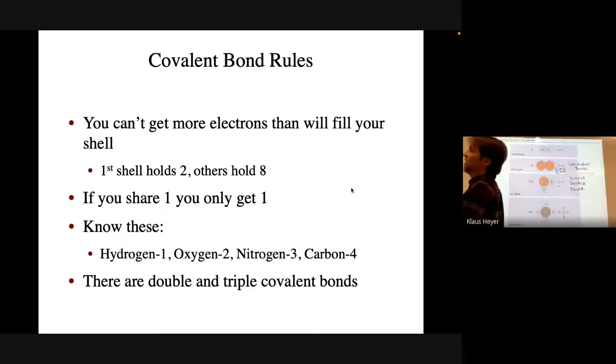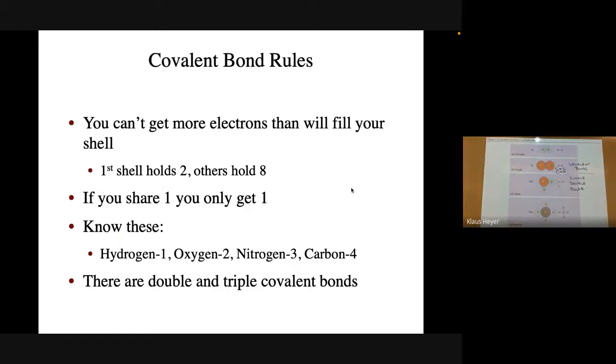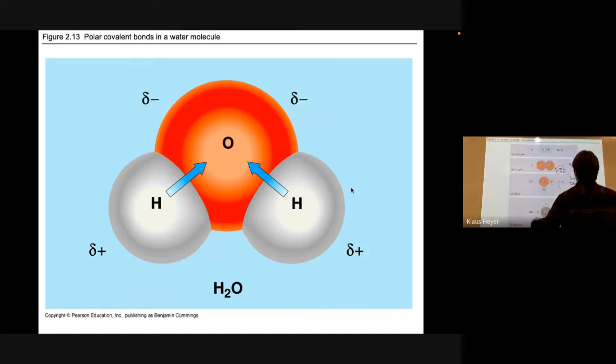So there's 2 things you have to know with each of these atoms. 1, the atomic number. So you got to know the atomic number of carbon, 6. But you got to know how many bonds can carbon make? Like how many different atoms can it grab onto? 4. All right, yeah. The next slide is going to talk about polar covalent bonds.